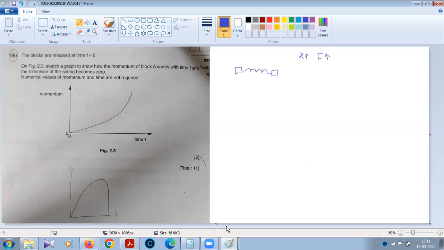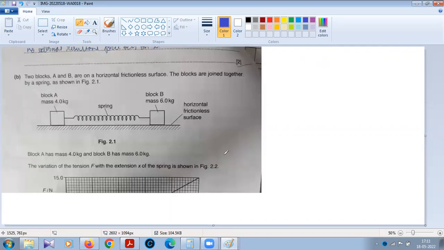It's a frictionless surface. So friction is not there.